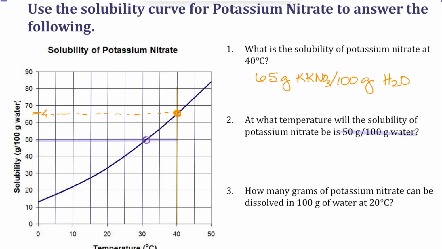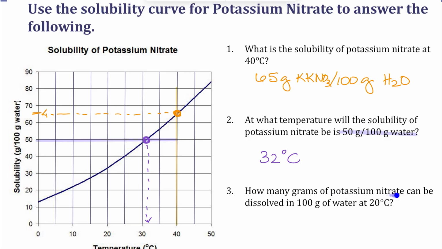And then looking down to our temperature axis, each of these markings is 10, so this would be 35. So to me, it looks like it's maybe at 32 degrees Celsius, the temperature where the solubility would be 50 grams per 100 grams of water.